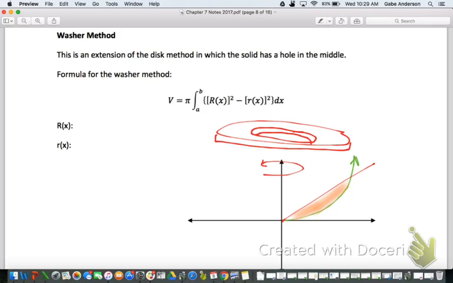Because of that, the formula that we use essentially is pi big R squared minus pi little r squared. We'll review this when I see you again tomorrow, but the big R stands for the bigger radius, and the little r stands for the smaller radius. And so by subtraction, all we're really doing is subtracting out the volume that was punched out of the middle. Does that make sense?